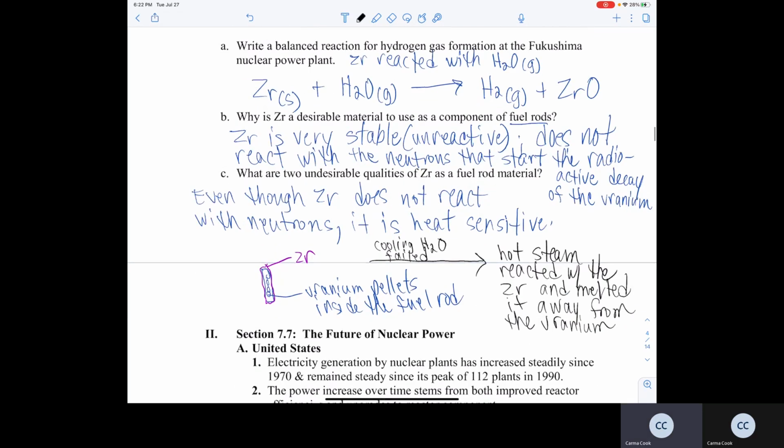From those uranium pellets, and that exposed that radioactive uranium material and therefore allowed it to escape.